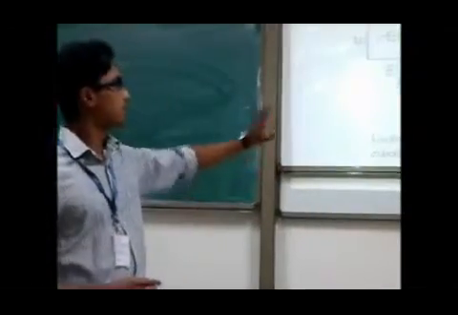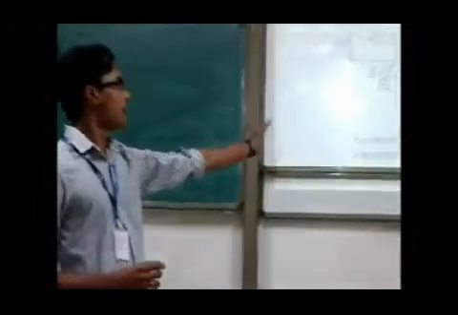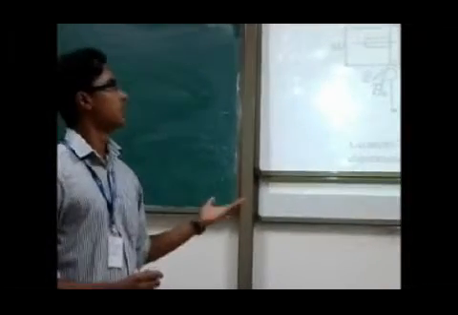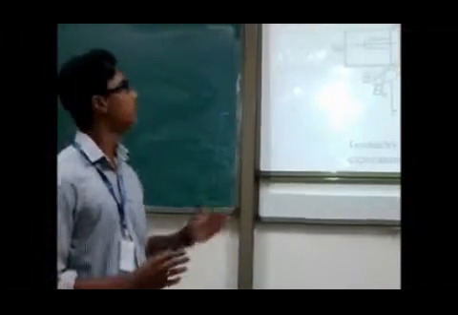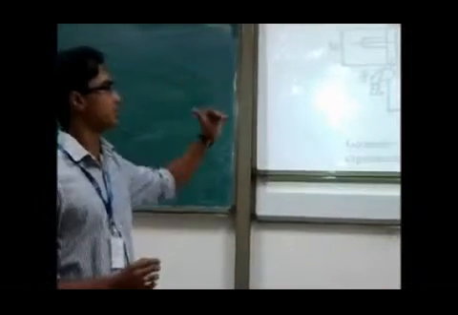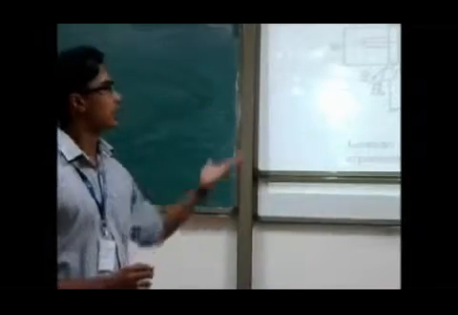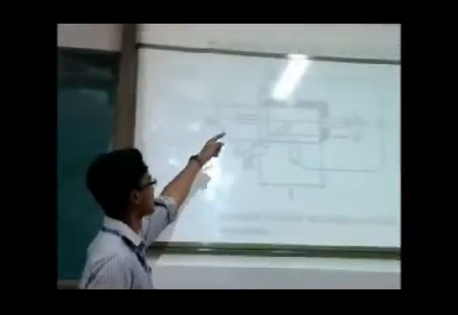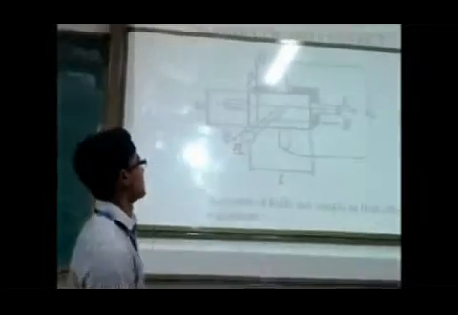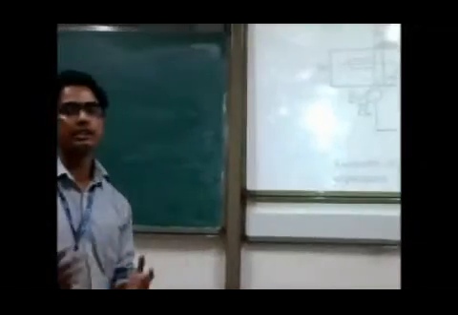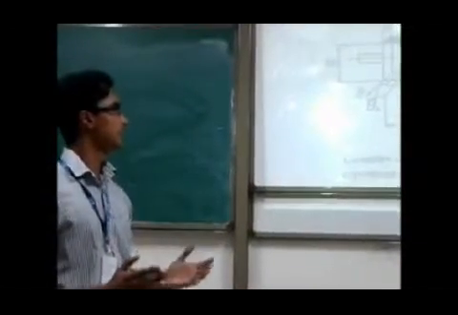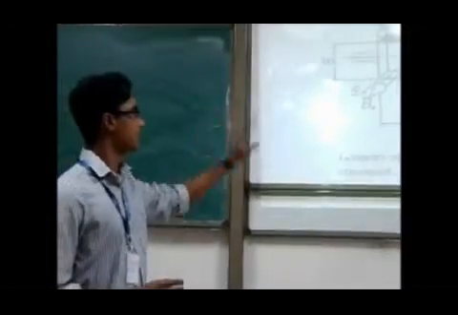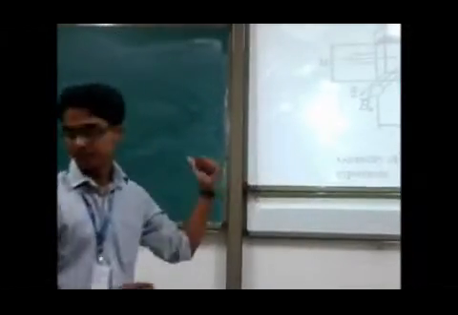Due to the Lorentz force, the charged particles will try to deflect in both directions. They will try to accumulate on the sides of the conductor, and due to the accumulation of these charge carriers, an electric field will be developed in a direction perpendicular to that of the magnetic field.